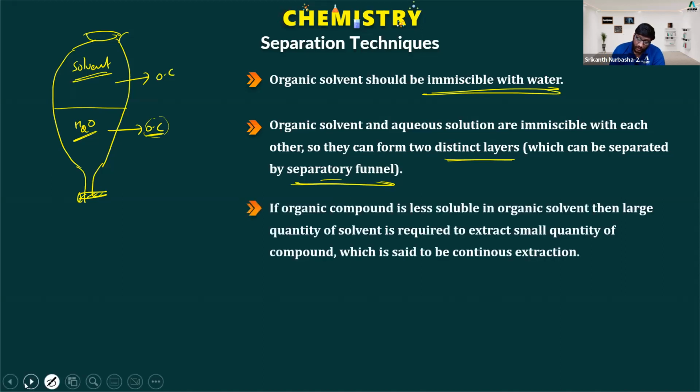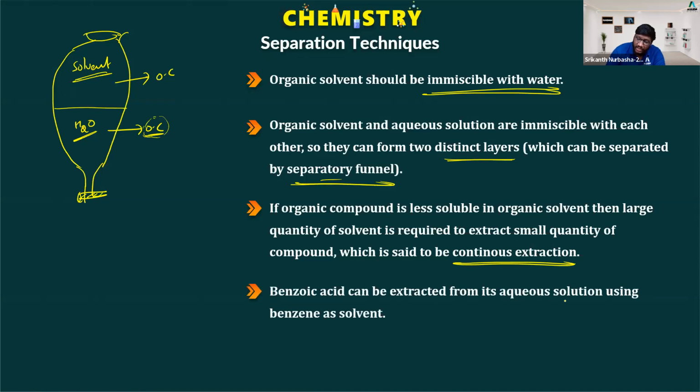Right? We are saying the organic compound is more soluble in solvent when compared to water. But if the solubility in solvent is also slightly less, in that case we have to use a very high amount of solvent, which is called continuous extraction.